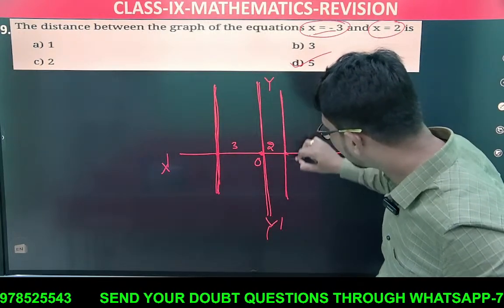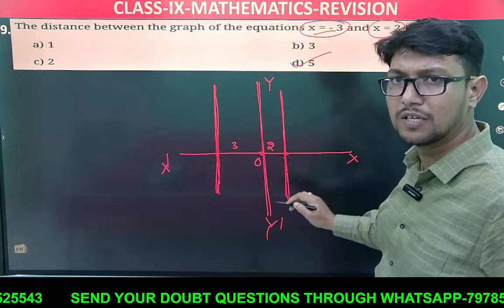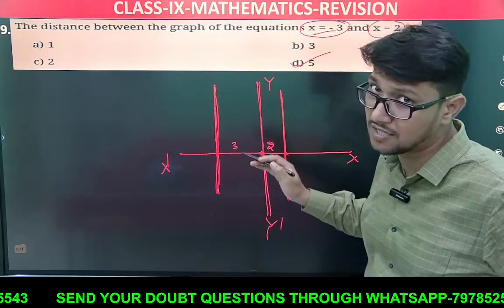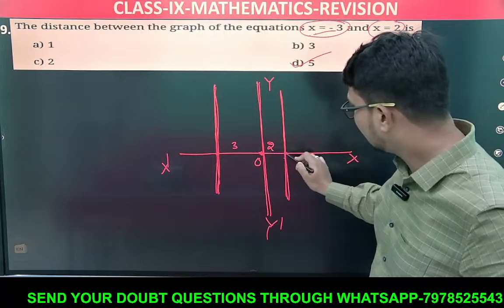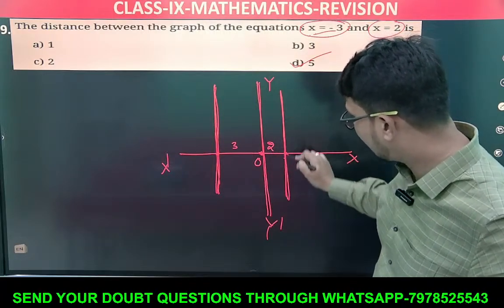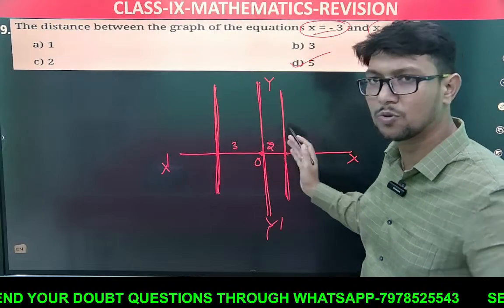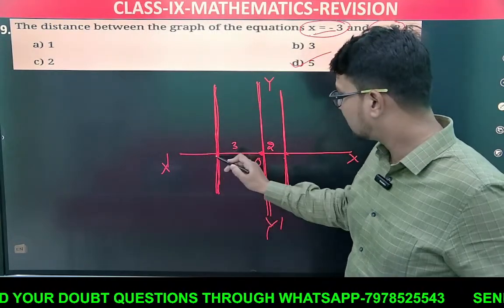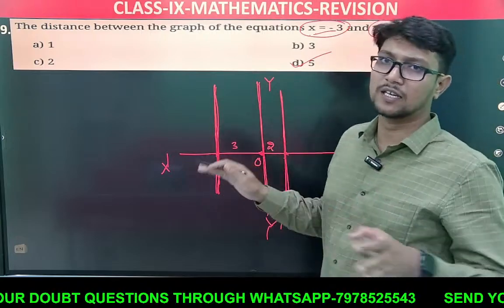Similarly, this is 2 unit from the origin, but x is again constant. Though x is constant, it is parallel to which axis? The y-axis. So this line is 2 unit from origin, and this is 3 units. So the total distance between them is 3 plus 2, 5. Total 5 unit from each other.